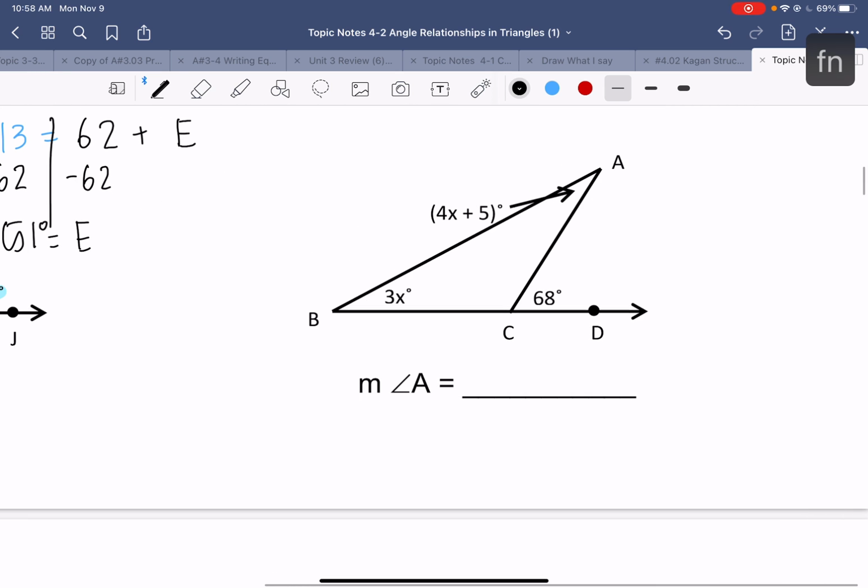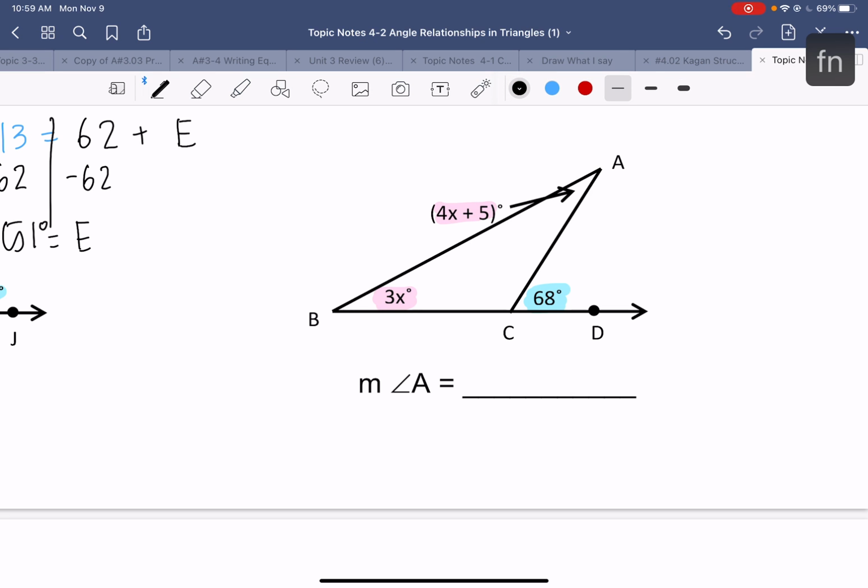All right, same thing for here. Which one is the exterior angle? All right, it's 68. Okay, so which two would be the remote interior to that 68-degree angle? Be 3x and 4x plus 5.